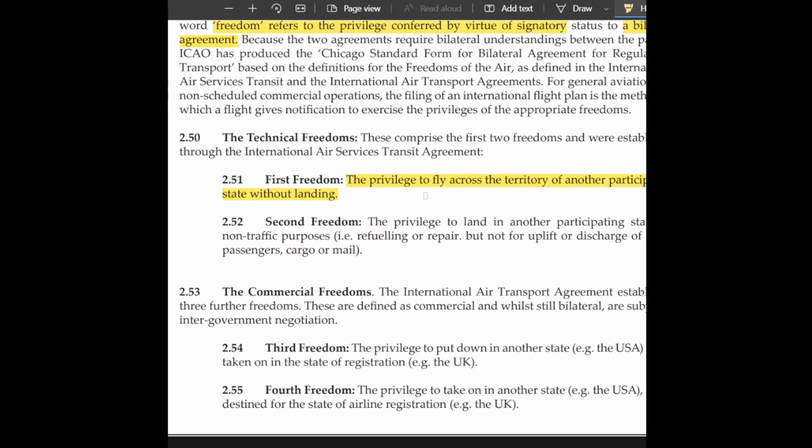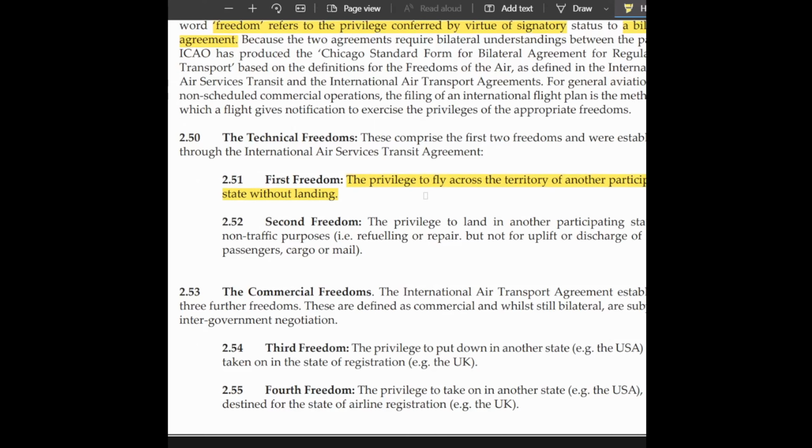The first freedom is the privilege to fly across the territory of another participating state without landing. That means the aircraft that leaves from China can pass through Indian airspace, fly over India without landing in India, and reach Sri Lanka. No special permission needs to be taken. Now, don't get confused between permission to enter a country and filing a flight plan.